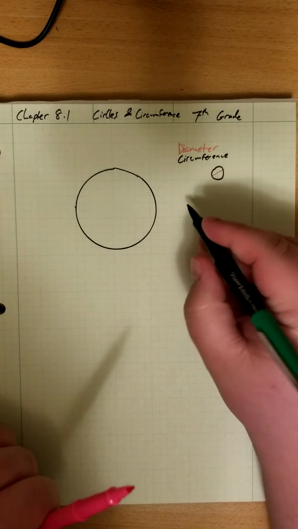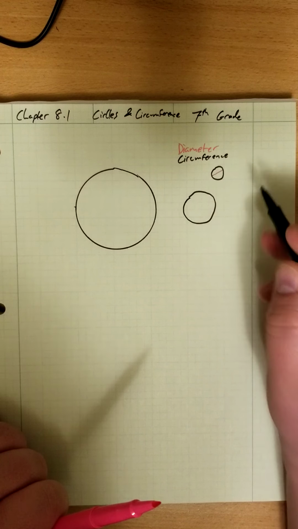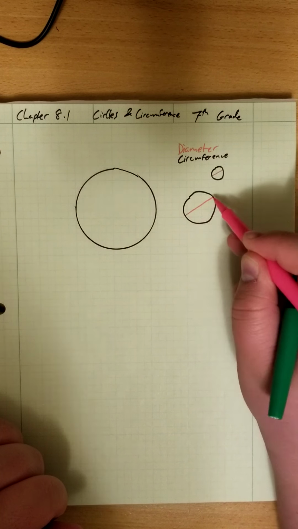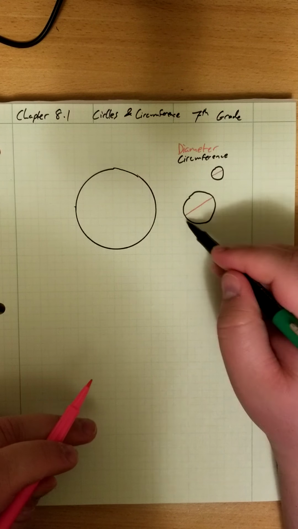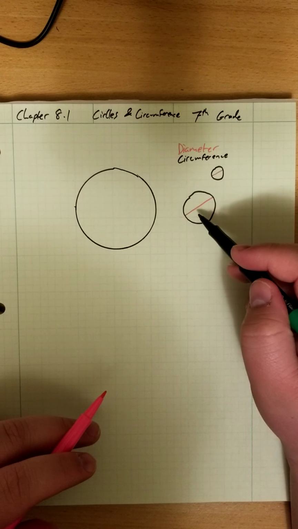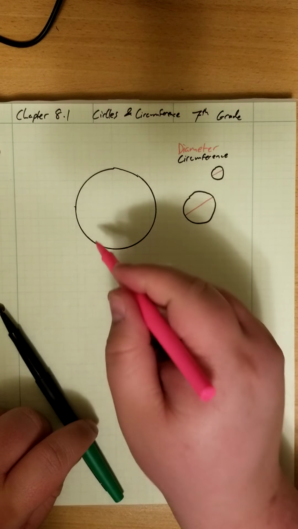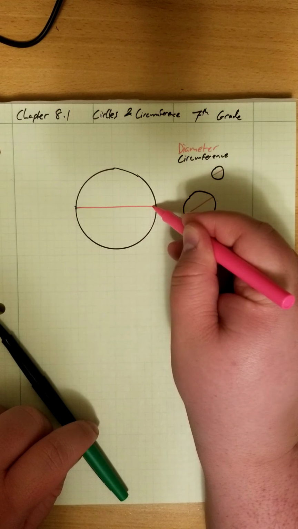So a medium size circle like this, the diameter across the middle here, and the circumference around this circle seem to be about the same ratio apart. And so for this one, circumference would be the black one, and then the radius would be something like that.